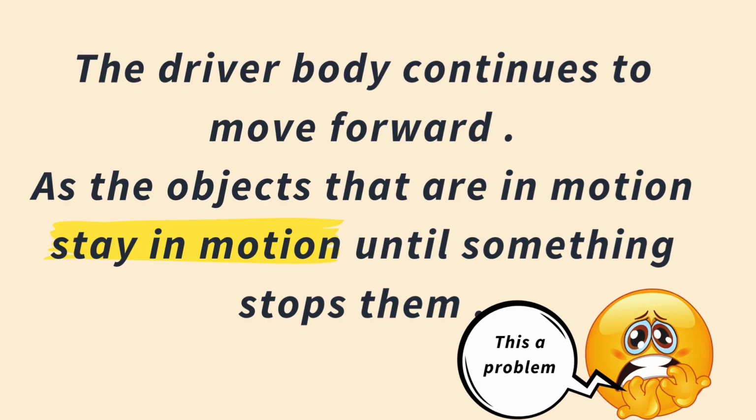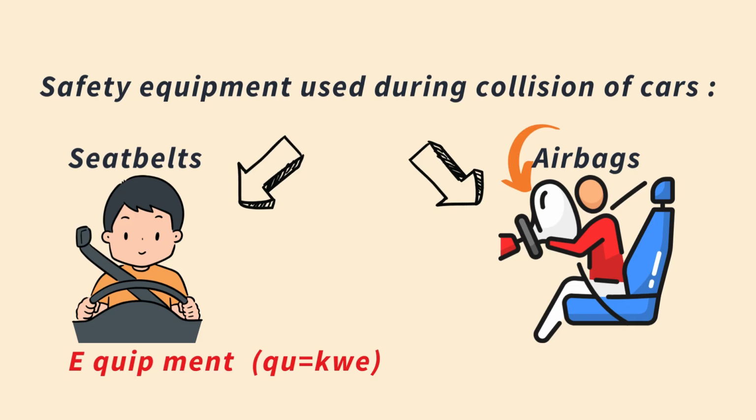So first the driver's body continues moving forward, and we know this will harm the driver and the passengers in the car. So we need safety equipment used during the collision to save the driver and the passengers, so they do not move forward, hit their bodies and get hurt.